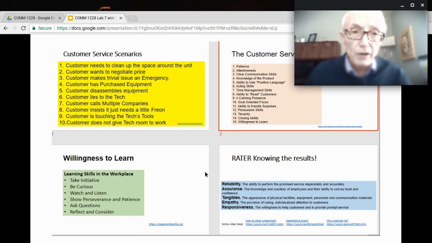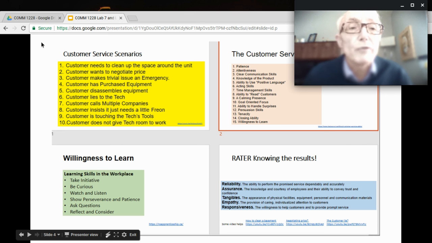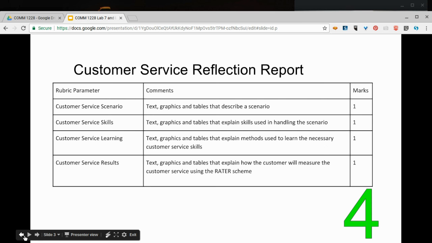So we're putting together the customer service reflection, challenge ourselves to look at those particular slides and come up with some discussion on the scenario, the skills, the service learning, and the results for the remaining 4 points for that reflection report.